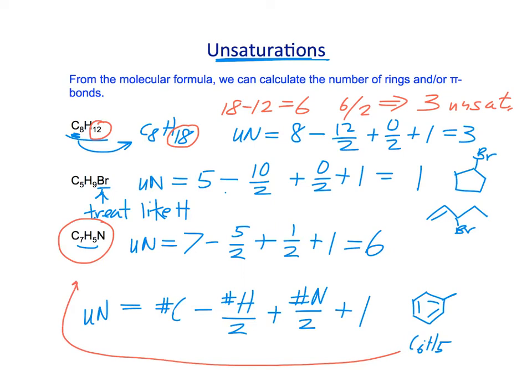What's missing? A carbon and a nitrogen. Cyanide is usually CN minus by itself. If we attach it to an organic molecule like this, we usually call this a nitrile. So we have a triple bond, that's 2 unsaturations. We have 4 from the benzene ring, gives us 6. So this plus this. All right, so with this formula, you can get the unsaturations for any molecule like that, okay? Any questions?